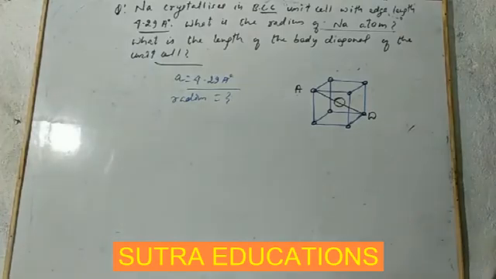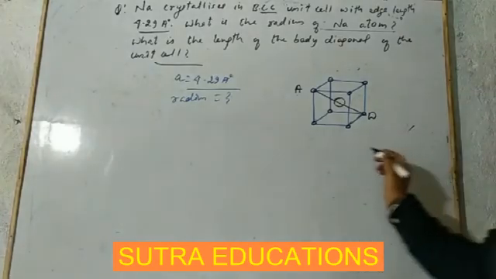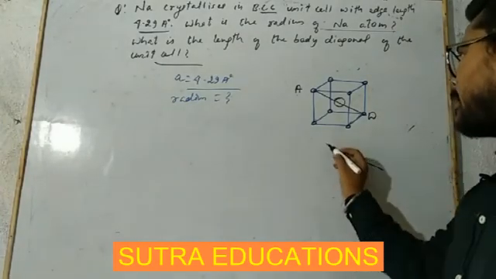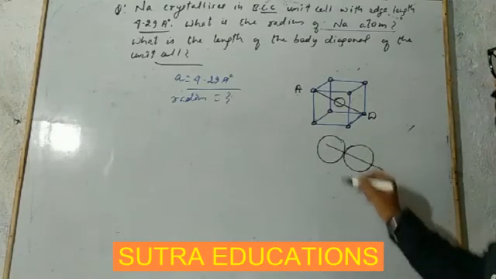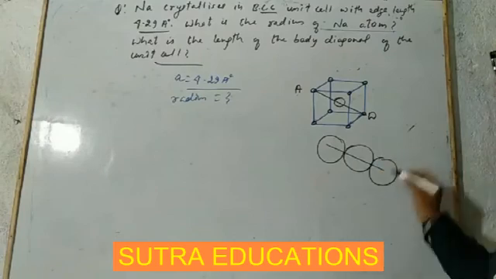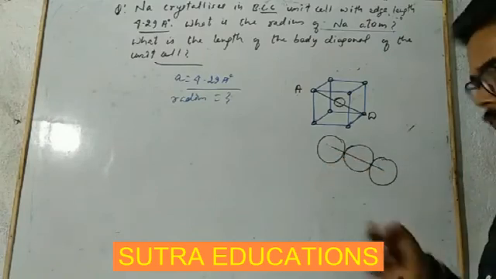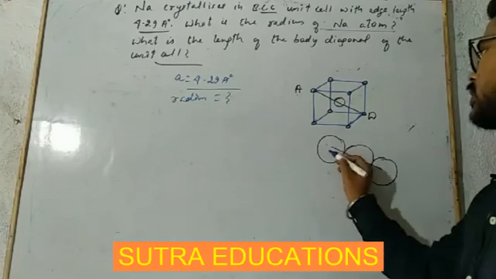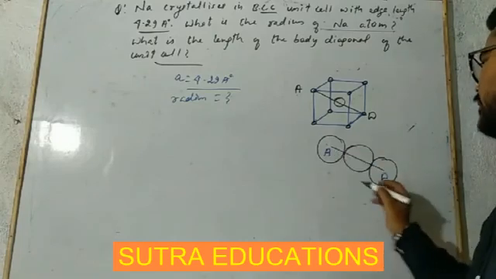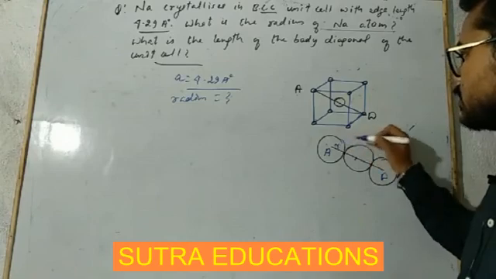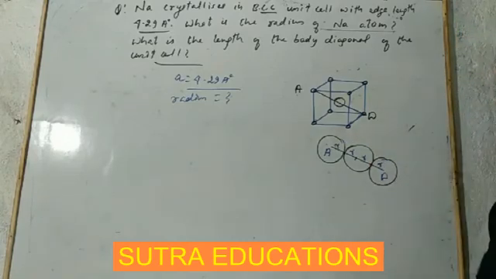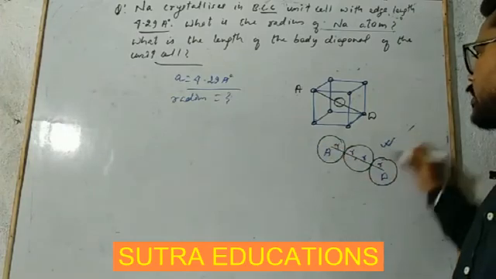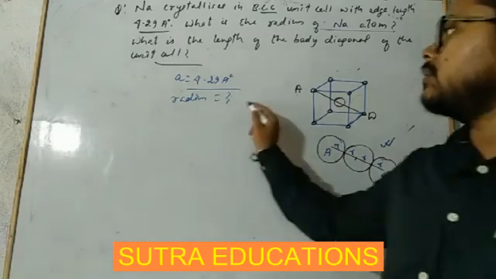AD is like this, with R, R, R, and R. So this is the body diagonal AD, but before calculating the body diagonal, we have to calculate the radius.